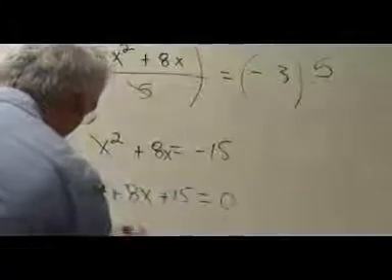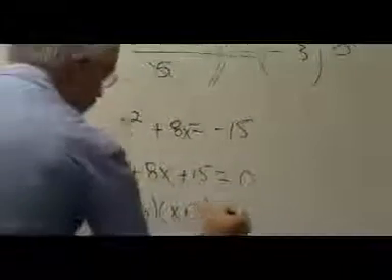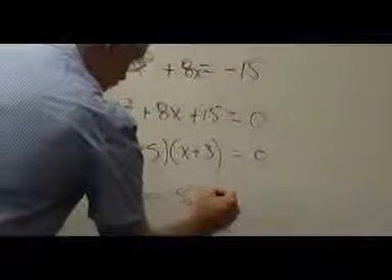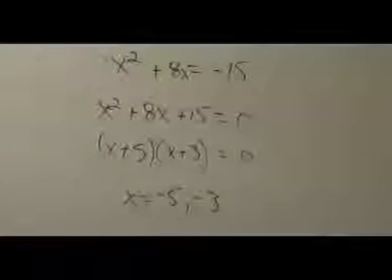So this is x plus 5 times x plus 3 equals 0, which means x equals minus 5 and minus 3. Yes, those are the solutions. When I go back and check, they're not going to make the denominator 0. I don't have a no solution possibility here.